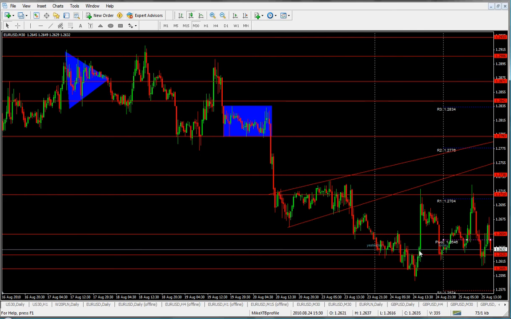I mean I took profit from the short position because I was afraid of this move, and I was right, because at 4 o'clock the publication released much worse data, and the price action showed us some buyers coming into the market just for half an hour probably. So I was afraid of this move, and it is an example of the price movement happening at the same time as the publication.